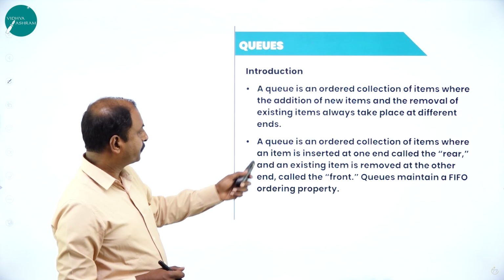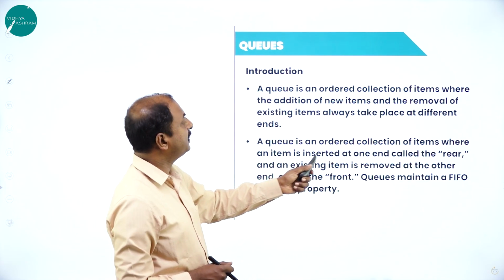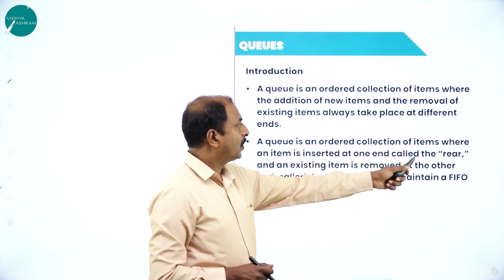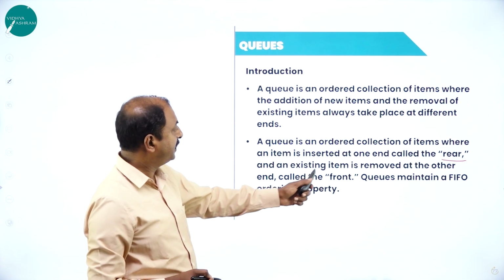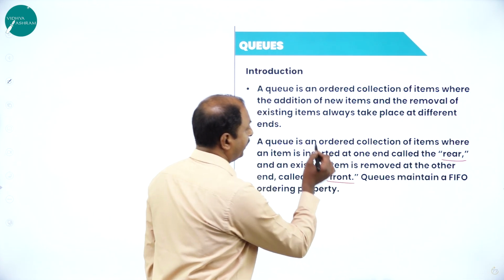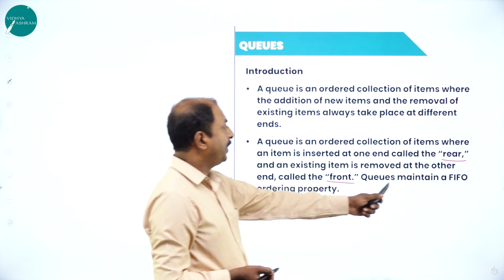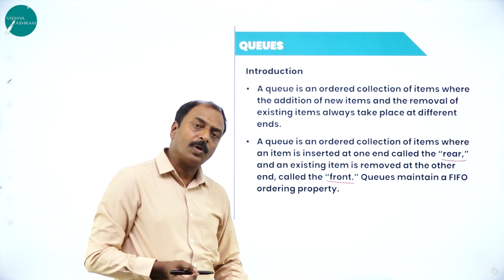Now, a queue is an ordered collection of items where an item is inserted at one end called the rear end. This is the rear, and an existing item is removed at the other end called the front. So queue maintains a FIFO ordering principle or property.